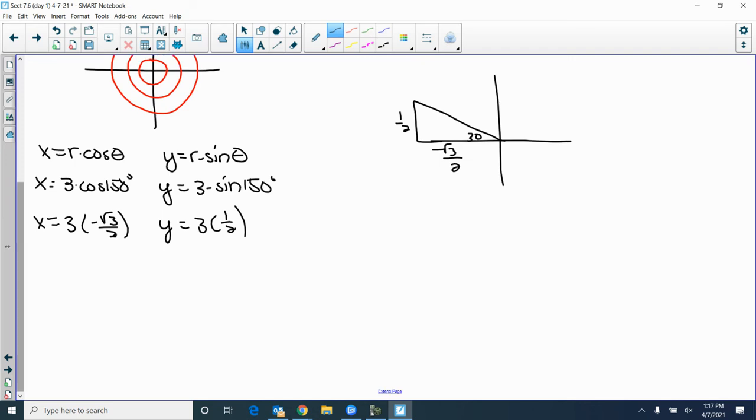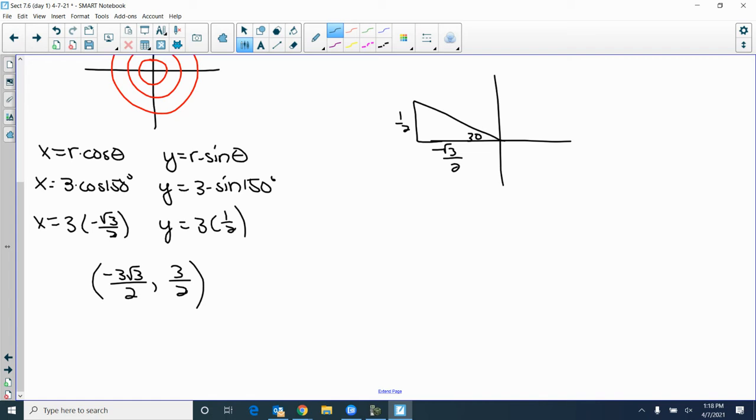And in the end, my ordered pair, I can't do much with it. Negative 3 square root of 3 over 2, and then 3/2. Okay, like that. So that is equivalent to the polar point 3, 150 degrees. So they're not going to be nice all the time, like 2, 4.